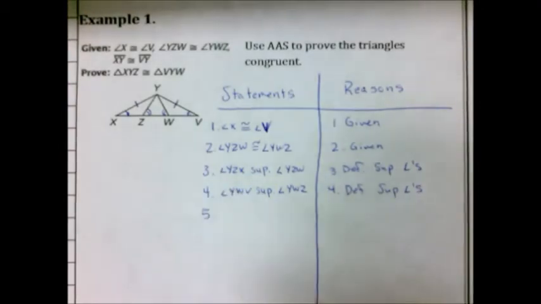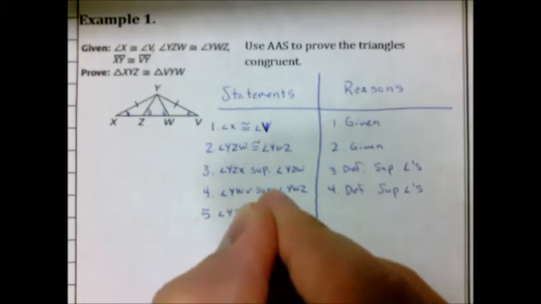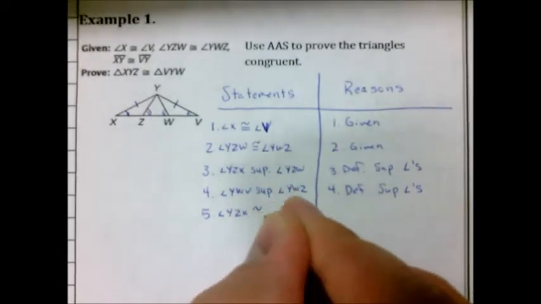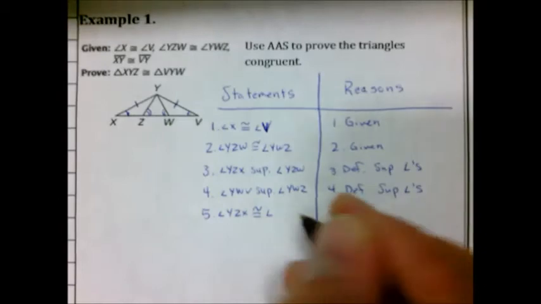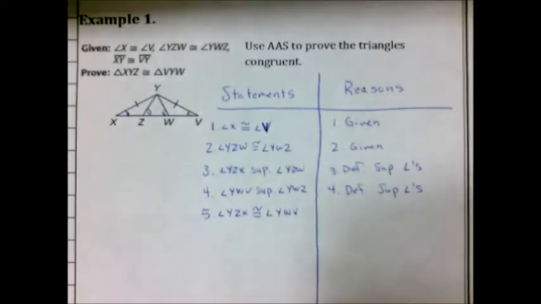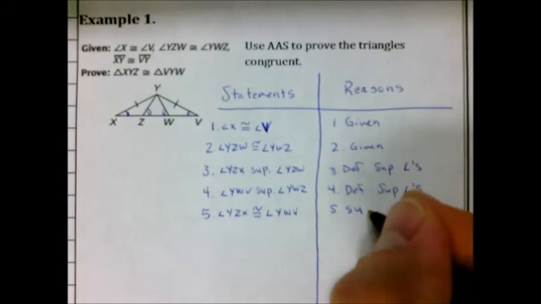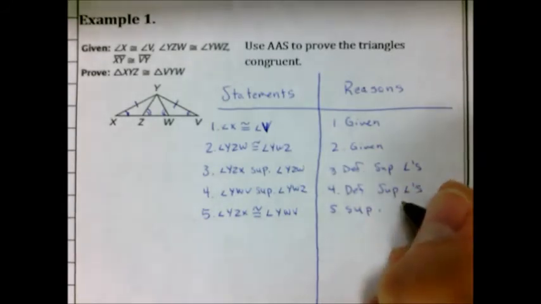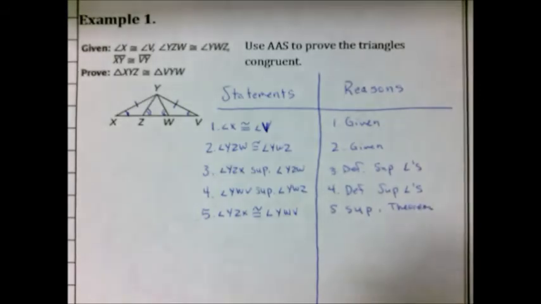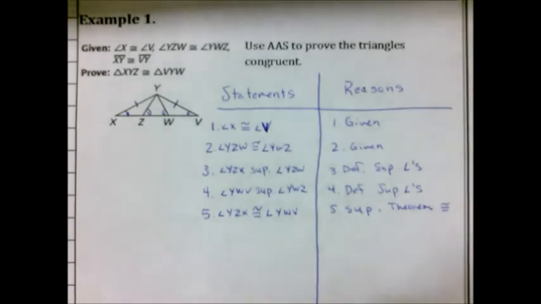So then, therefore, based on that information, we can say that angle YZX is congruent to angle YWV. And the reason why we can state that is because of the congruent supplements theorem.